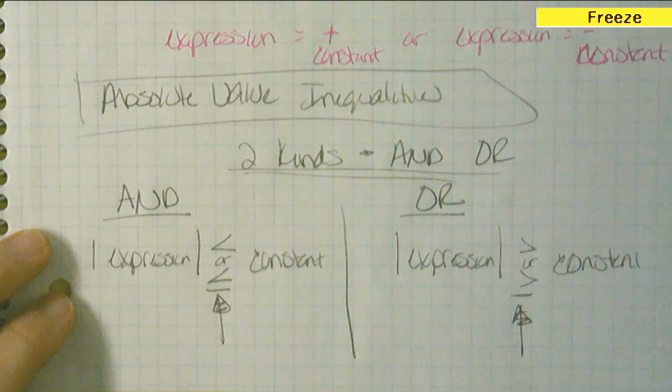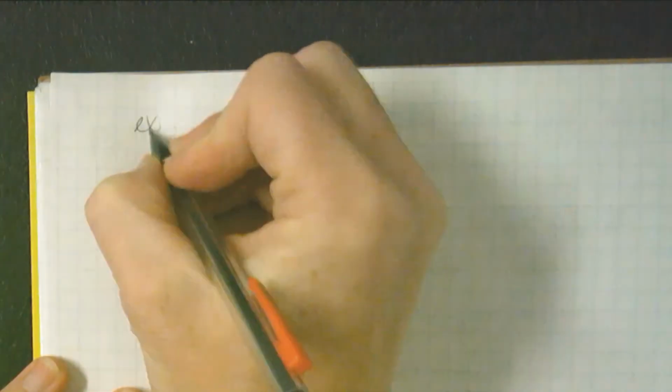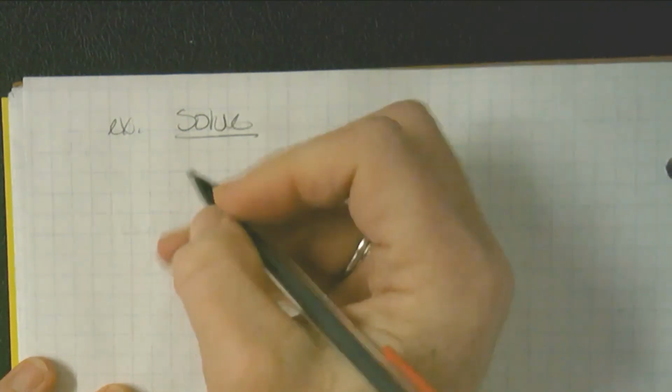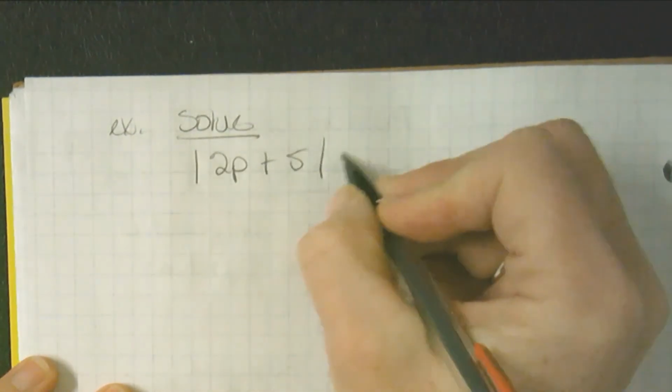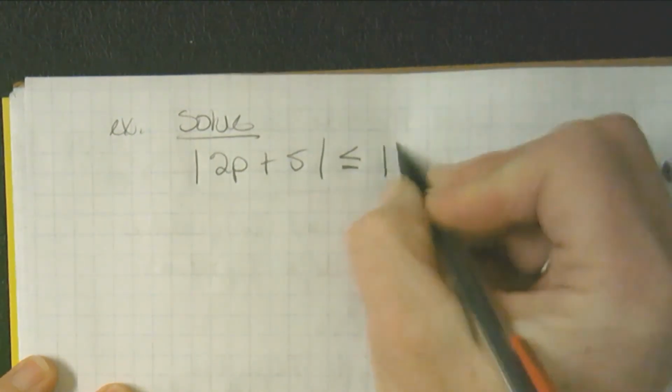Is value good? Awesome. Okay, so let's take a look at a couple skills, and then we're going to do a story problem. All right, so I want you to solve: the absolute value of 2p plus 5 is less than or equal to 11.